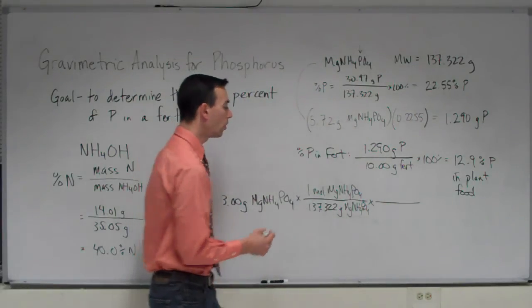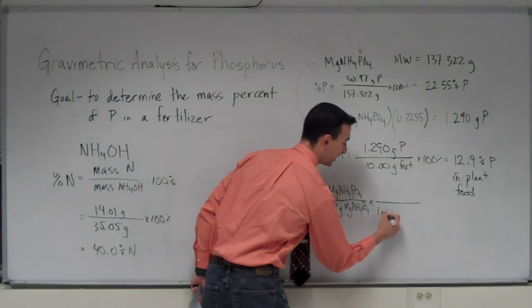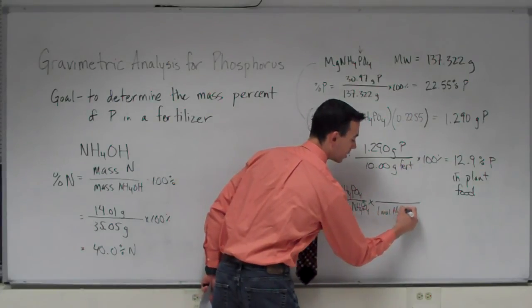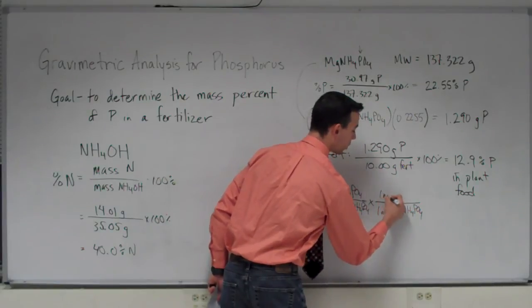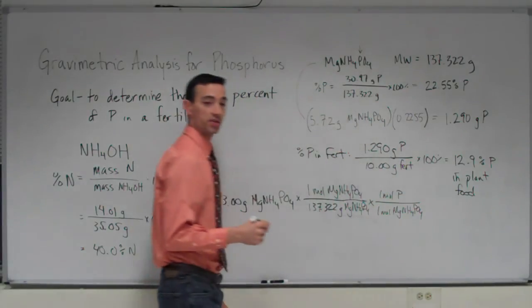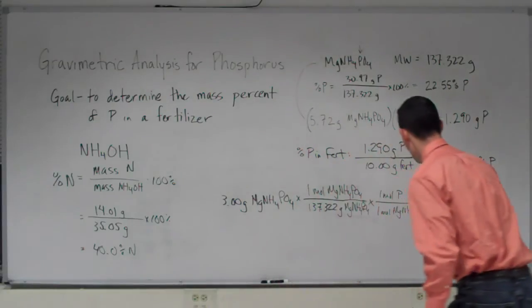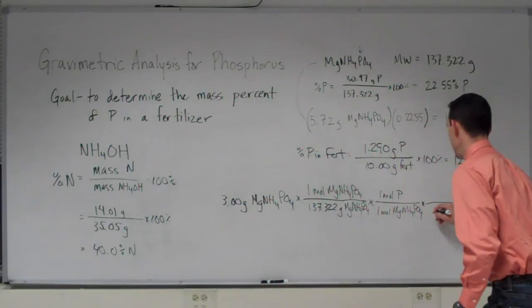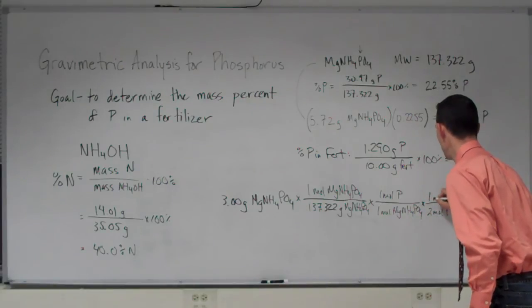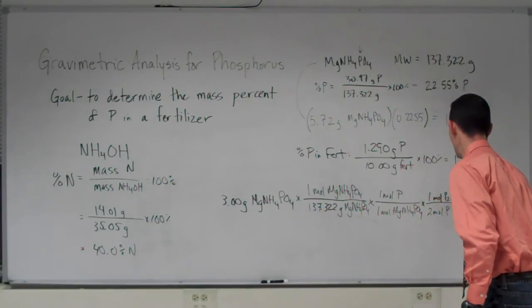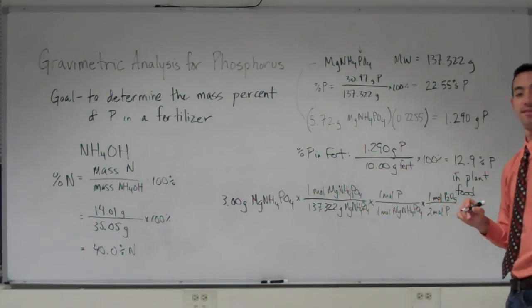Now, each mole of MgNH4PO4 contains 1 mole of phosphorus. And then it takes 2 moles of phosphorus to make 1 mole of P2O5.